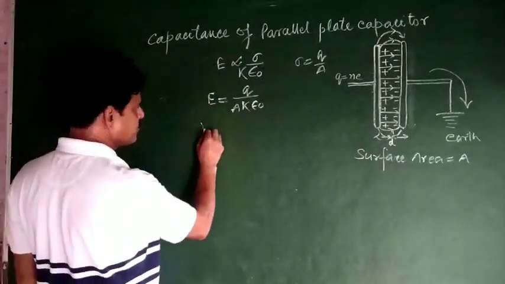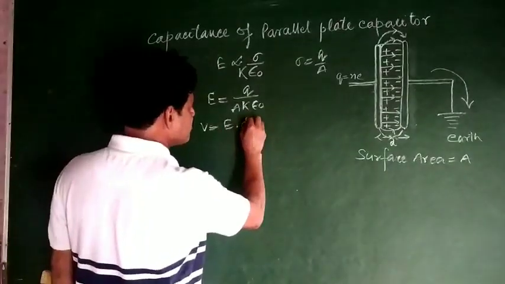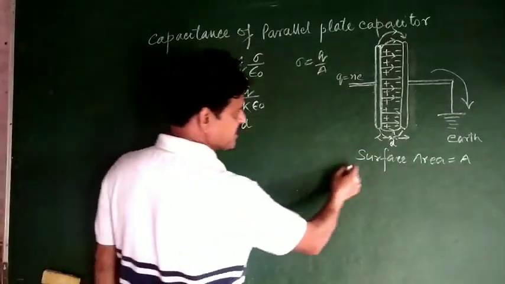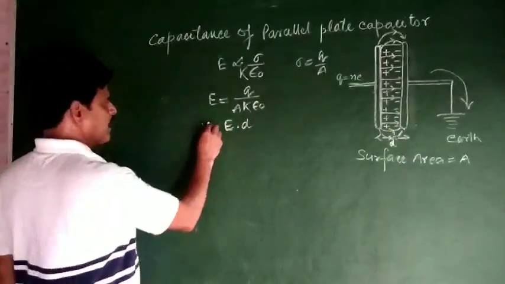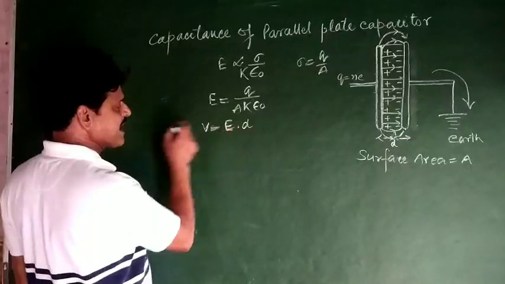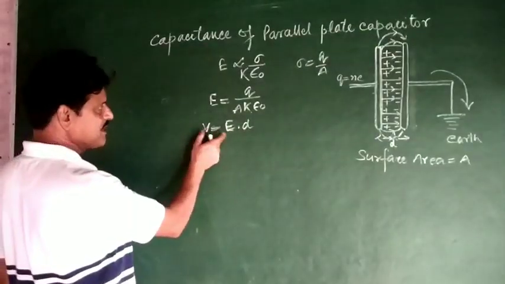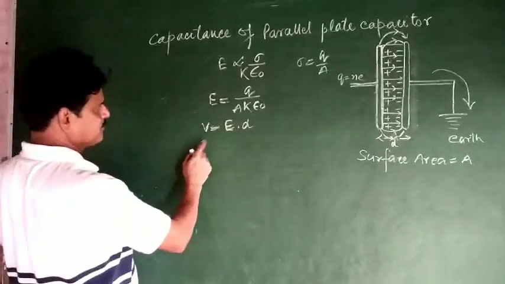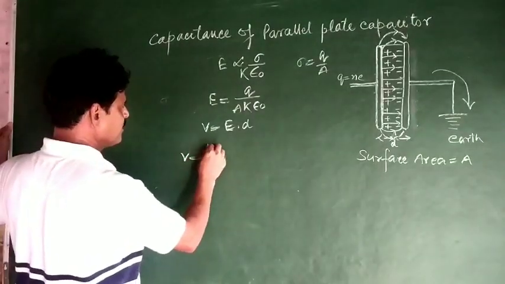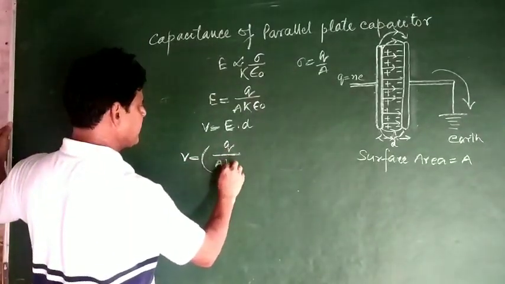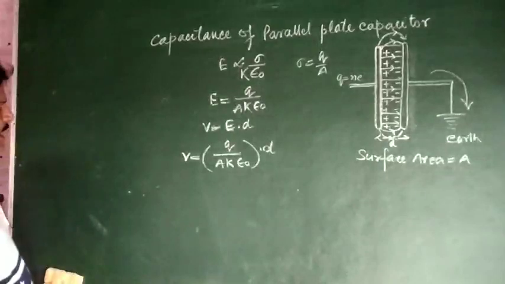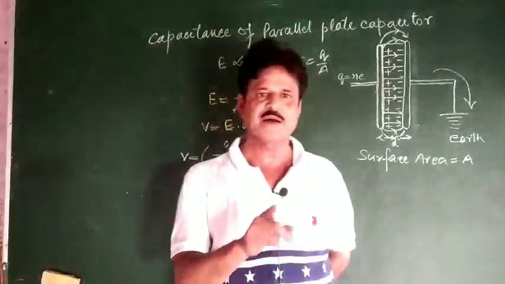That potential is equal to E into d, where E is the electric field created within the plates and d is the separation of the plates. Now we can put the value of E in this equation: V is equal to Q divided by A K epsilon 0, into small d. This is the total potential difference between the plates.